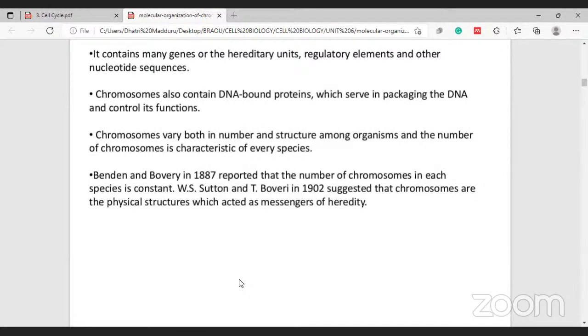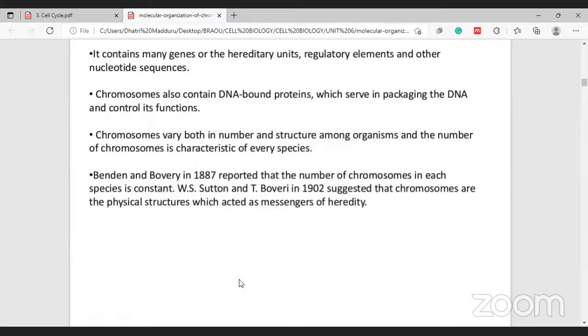Other than genes, there are regulatory elements, which are nucleotide sequences. A gene is the one which codes for the mRNA, which ultimately codes for the protein. But the regulatory elements are small segments of nucleotides that don't code for any proteins.